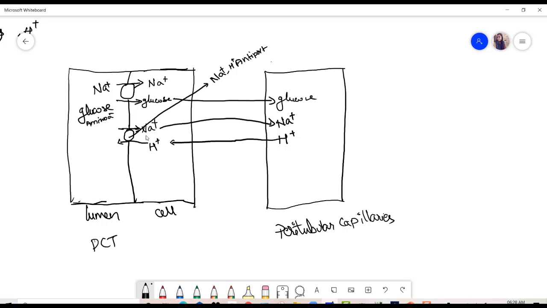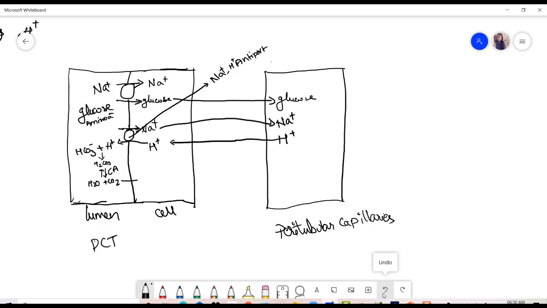Here this hydrogen will react with bicarbonate and give rise to carbonic acid, H2CO3. This carbonic acid, which is reversible, with the help of the carbonic anhydrase enzyme is converted into water plus CO2.